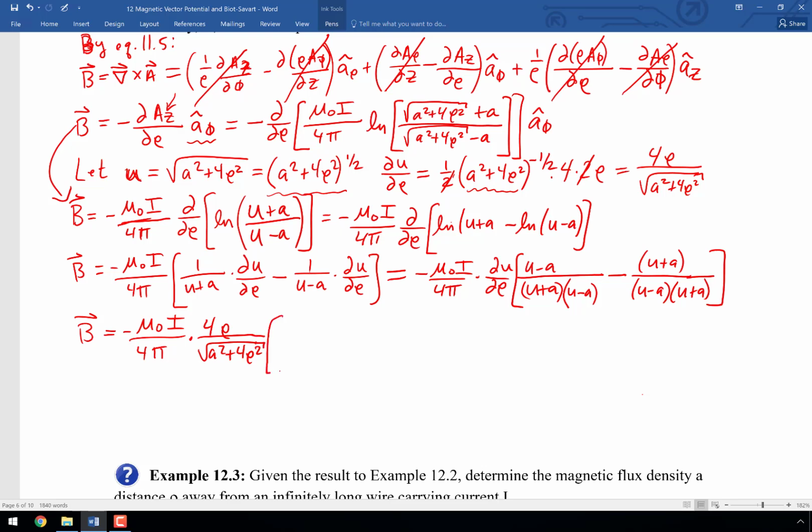And then inside the bracket here, I can see that I have u minus a, and looking at the numerator, u minus a minus the quantity u minus a. So the u's are going to cancel because one is positive and the other one is negative. The a's are both negative. So I end up with minus 2a divided by, and of course the u plus a times u minus a is going to give me u squared minus a squared.